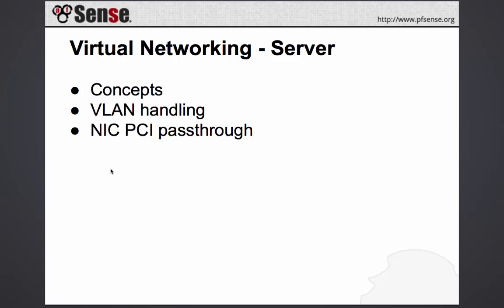Generally, it's probably better to do the VLAN tag handling at the hypervisor's level rather than at the guest VM level. But if you need a bunch of interfaces inside of a VM, especially in the firewall cases, then your only option past a certain point is to tag those VLANs into the VM.